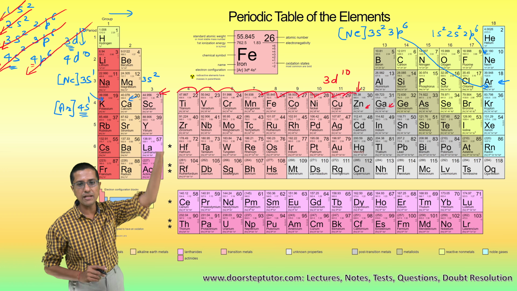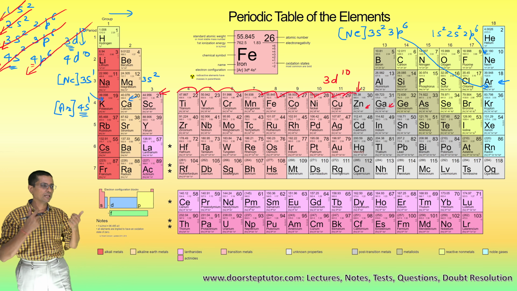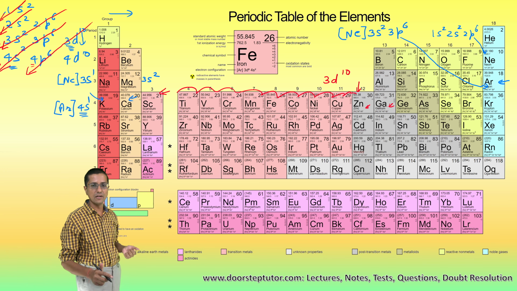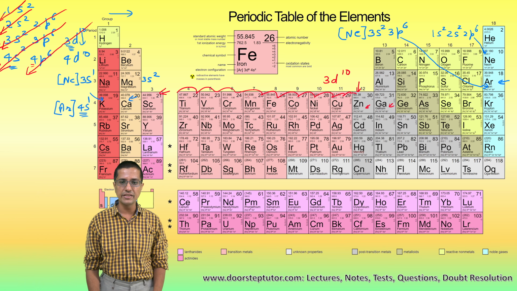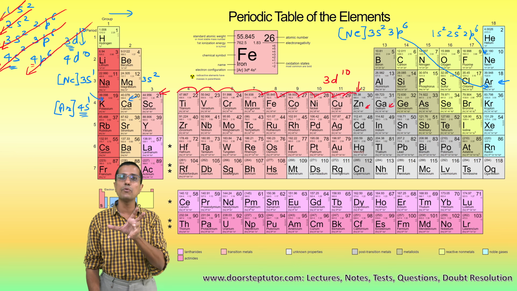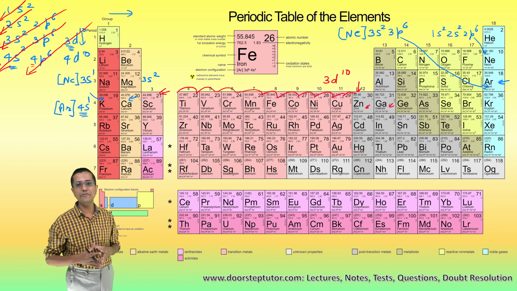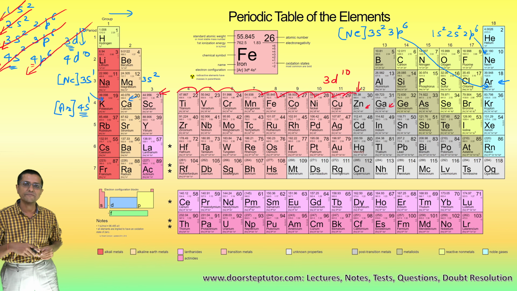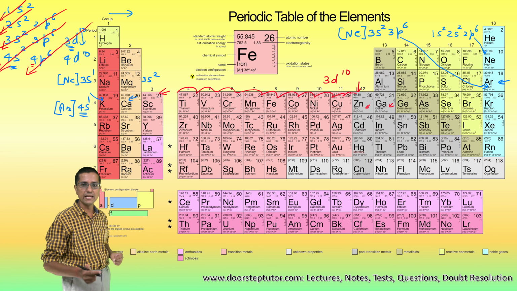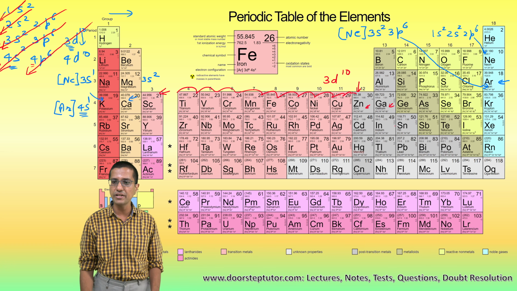In the case of gallium, we start filling the 4p shell. So gallium is 3d10, 4s2 and then 4p1. Then germanium, the next electron will go to 4p, and so on and so forth until we reach krypton.